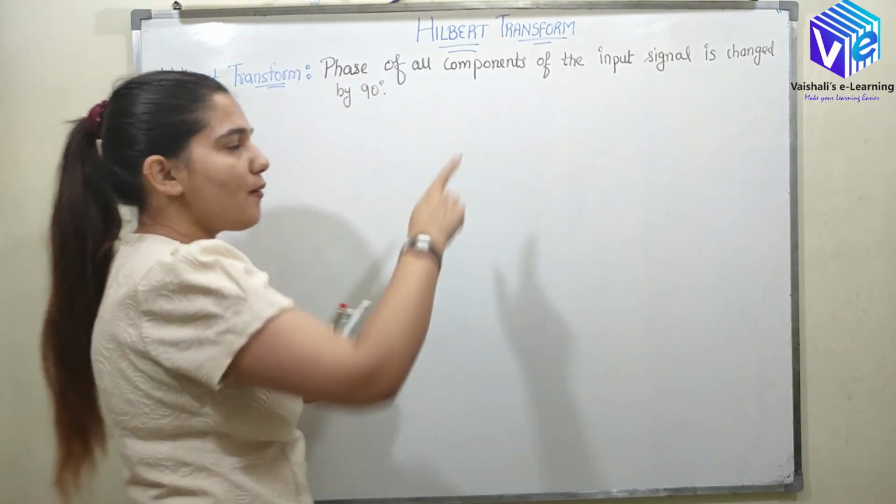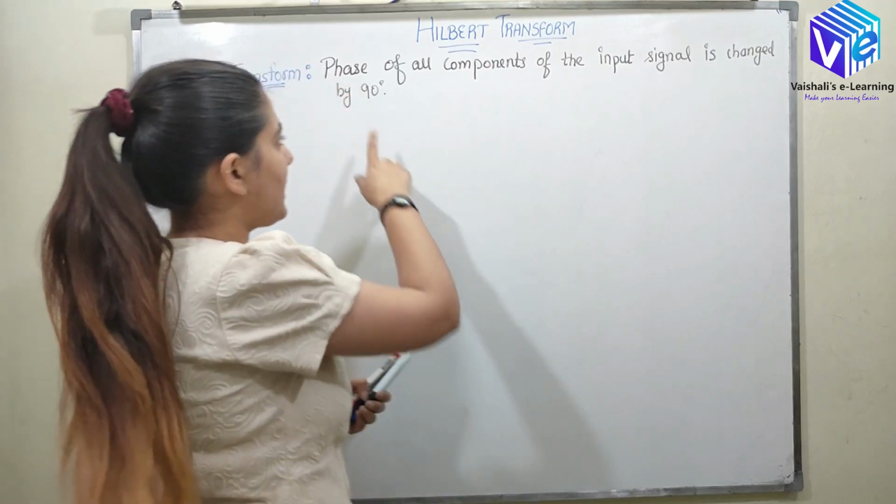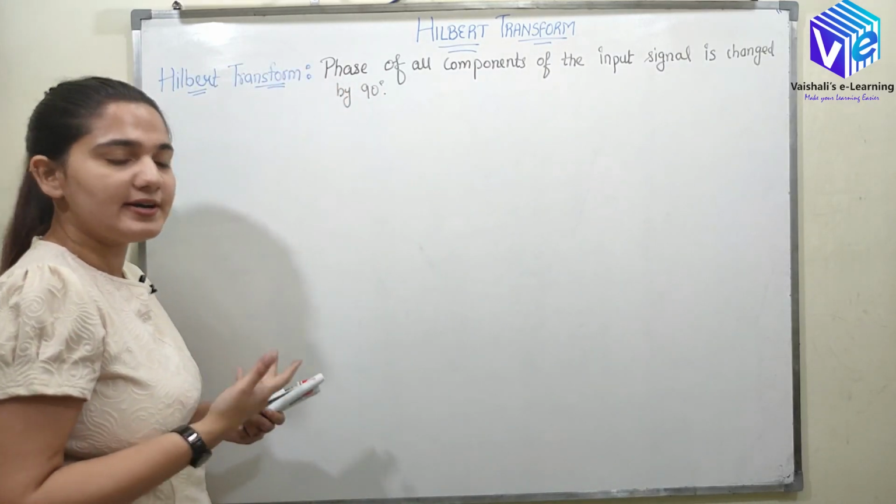The phase of all the components of the input signal is changed by 90 degrees. This is called the Hilbert transform.